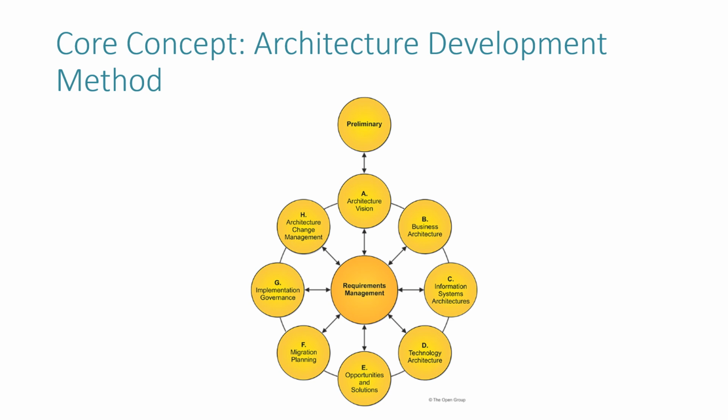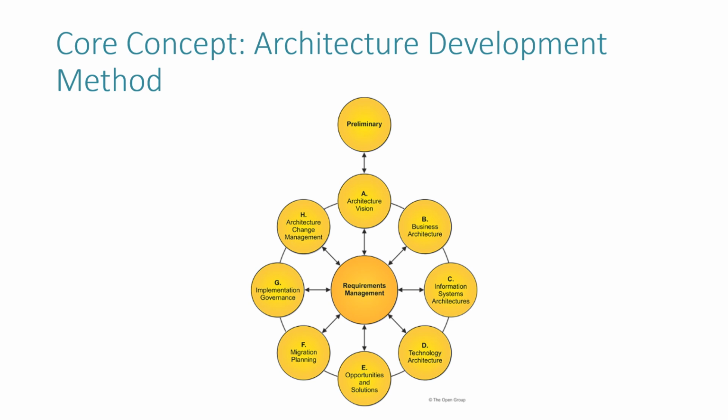Phase A describes the initial phase of the architecture development cycle. It includes defining the scope of the architecture initiative, identifying stakeholders, creating the architecture vision, and obtaining the necessary approvals to proceed with architecture development. Phase B is about developing the business architecture to support the architecture vision.